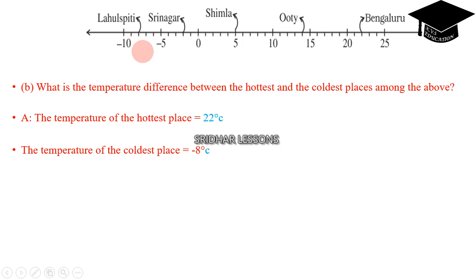So the difference is 22 minus of -8 degrees centigrade. Minus into minus is plus. So it is 22 degrees centigrade plus 8 degrees centigrade, which equals 30 degrees centigrade.